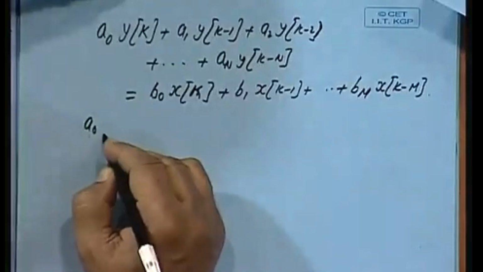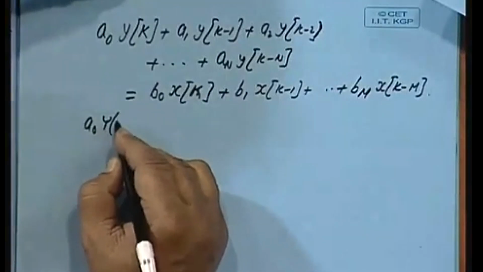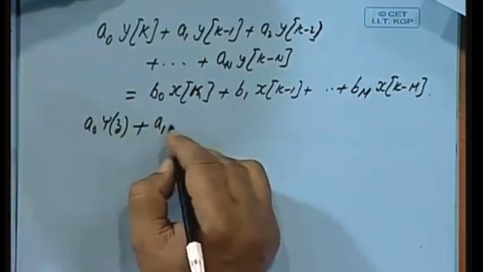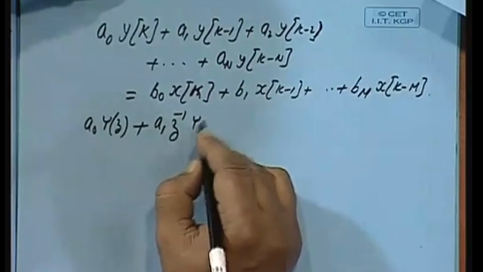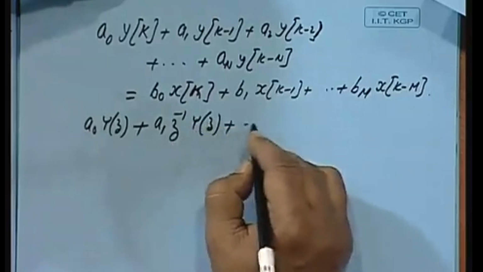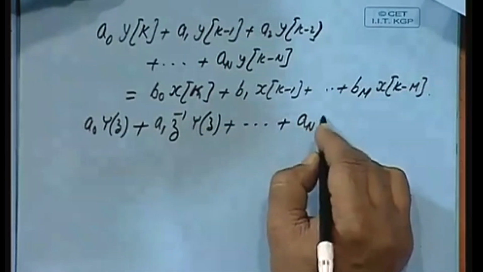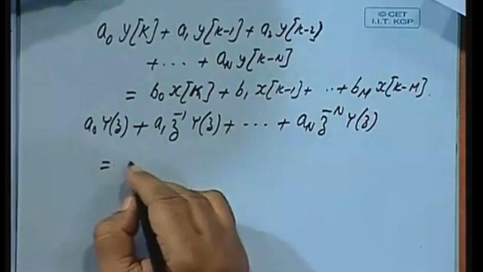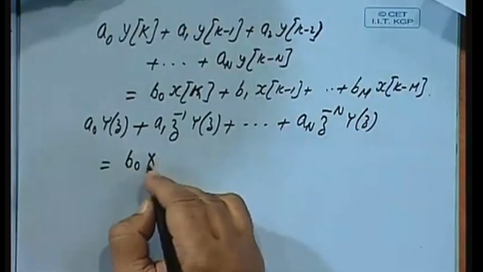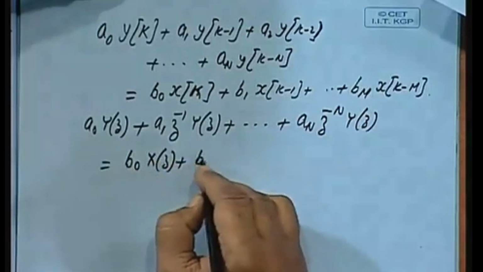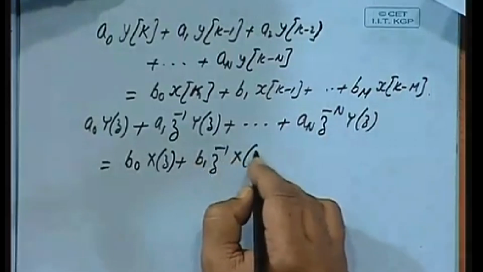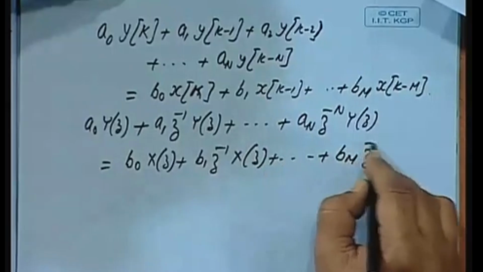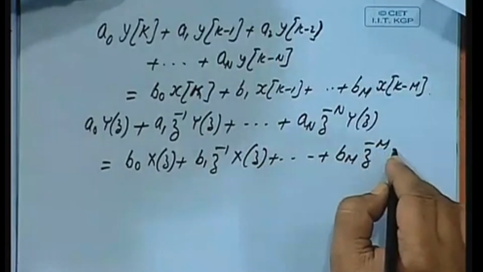So, you get A0 yz if you assume 0 initial conditions to start with, A1 z inverse yz, and so on, An z to the power minus n yz, equal to B0 xz plus B1 z inverse xz and so on up to Bm z to the power minus m xz.